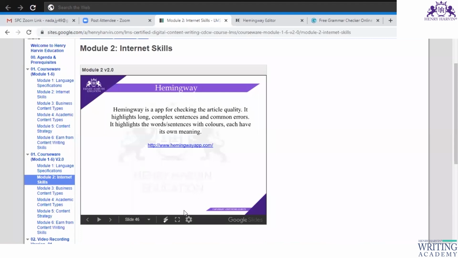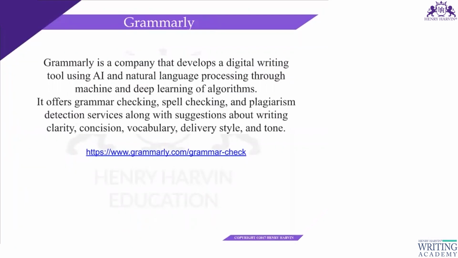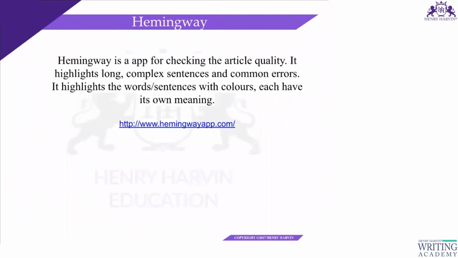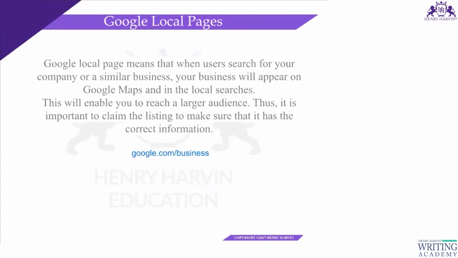So by far, when we compared Grammarly and Ginger, they were not really up to the mark. And when we compared Hemingway, it seemed to be by far the best app for checking your grammar, right? And also, why not? Since it's free, and anything that's free is really nice to use.